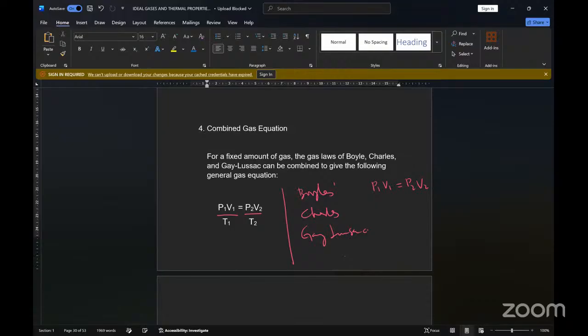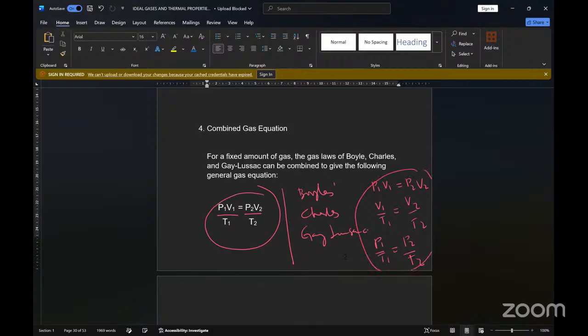Charles' law says V1 over T1 is equal to V2 over T2. And Gay-Lussac's law says P1 over T1 is equal to P2 over T2. So how does this equation represent a combination of all these three gas laws?